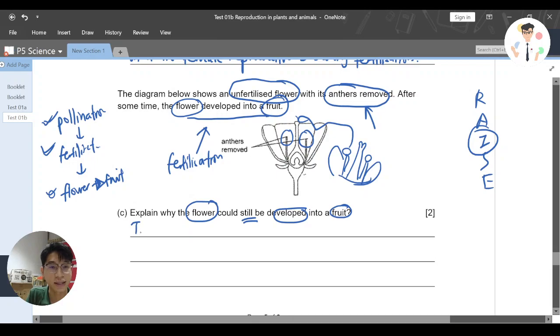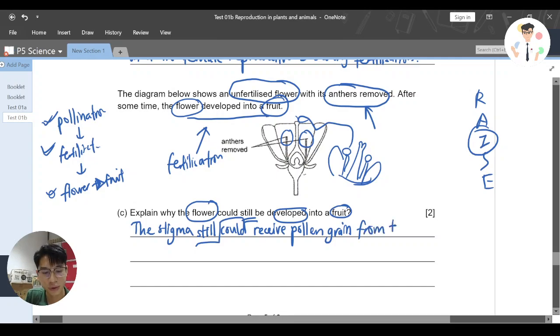So you can say that the stigma could still receive pollen grains from the anther of another flower, even when carried by animals also.